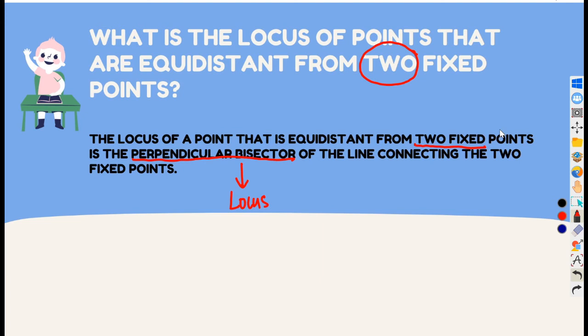This is the condition, and the locus that you need to draw is the perpendicular bisector.